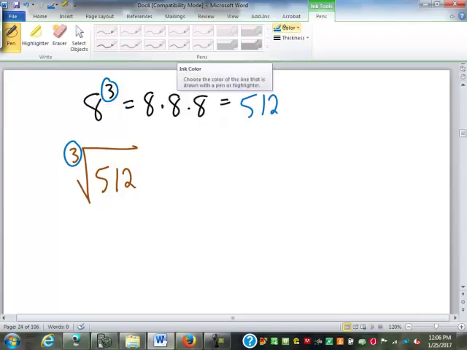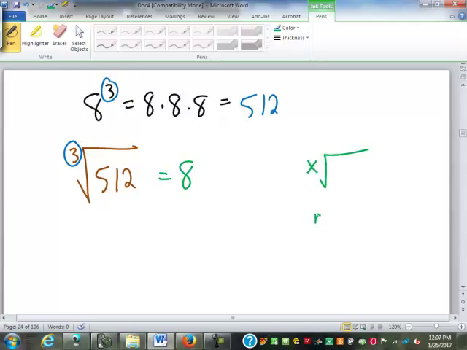So this is the third root of 512. It'd better take us back to 8, and it does. Now, many of your calculators have that capability. Some actually have a third root key on there. But for many of you, it's an X root, like that, or an N root, where you'd have to put the 3 in first, hit that root key, and then type in the 512 to get it to an 8.